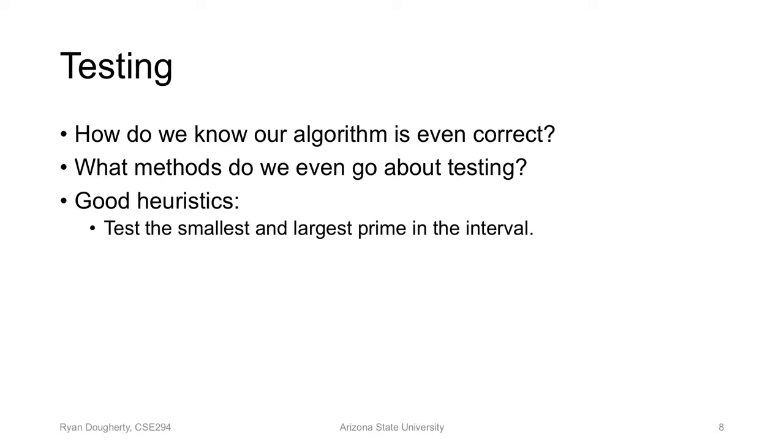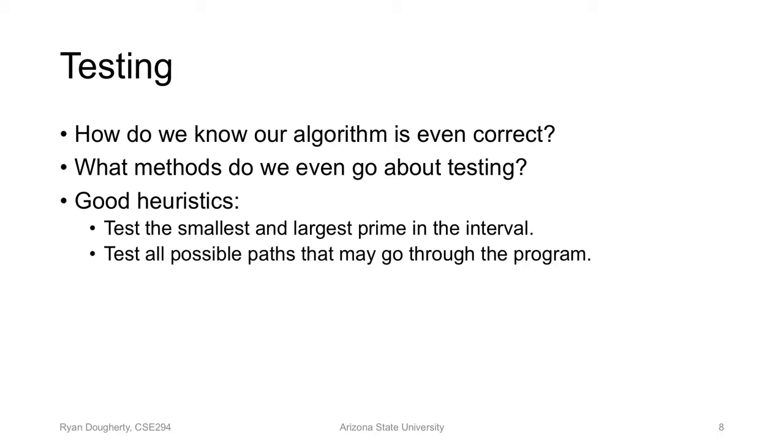So for our example, what we do is we check the bounds. We are working with 2 to 10,000, so I should check the bounds, 2 and 10,000. If 2 says yes and 10,000 says no because 10,000 is even, then that's a good heuristic. Test all possible paths.